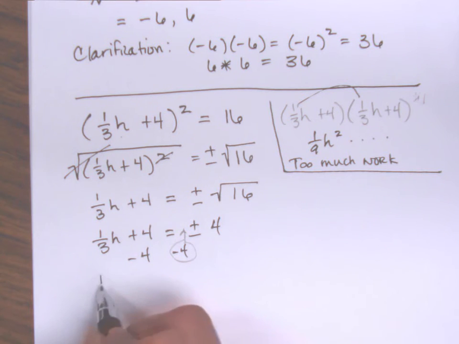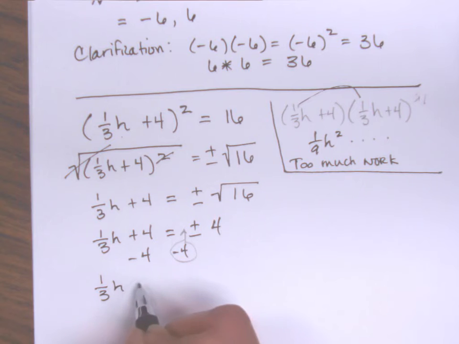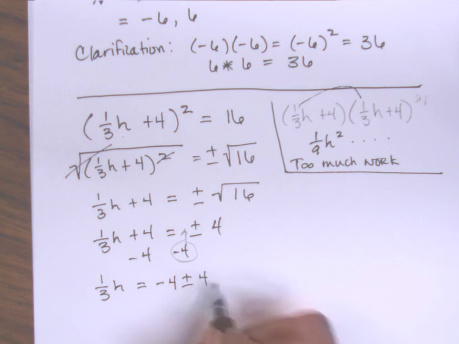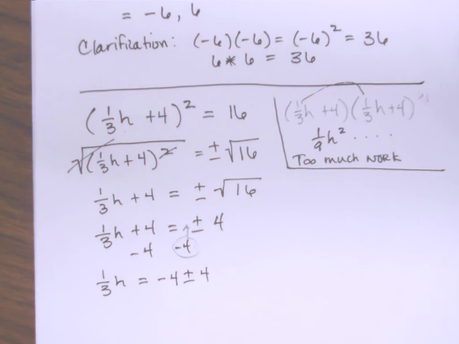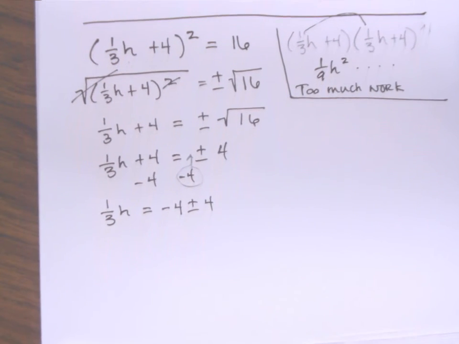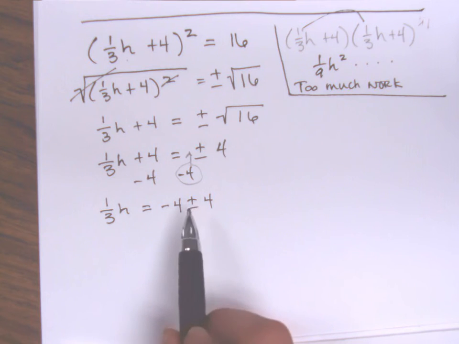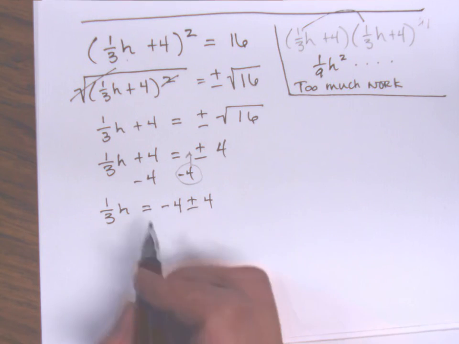So now I'm looking at 1/3 h equals negative 4 plus or minus 4. Okay. Let's go ahead and break this up into two different solutions. That way we don't have to deal with the positive and the negative sign right here.